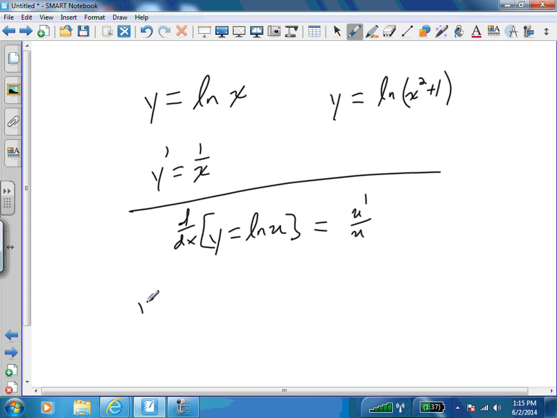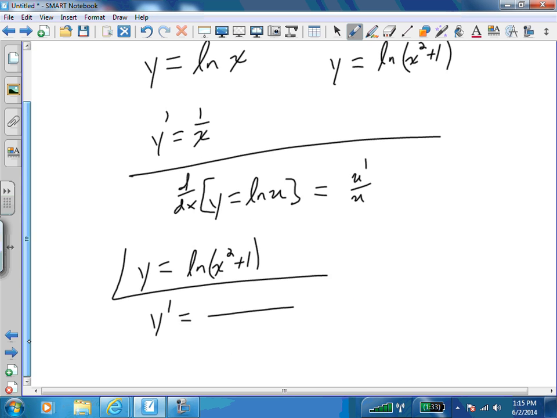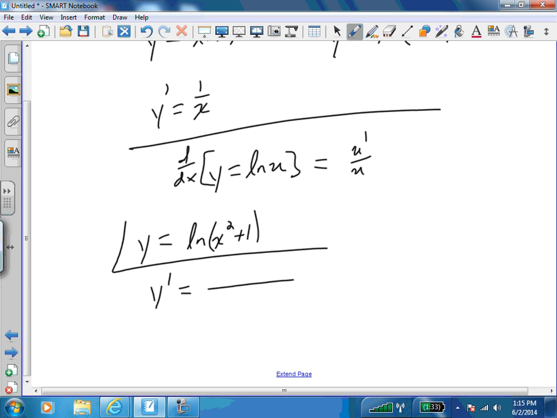So, for example, if we want to take the derivative of natural log of x squared plus 1, whatever we're taking the natural log of goes in our denominator, so x squared plus 1. The derivative of that goes on top. So what's the derivative of x squared plus 1? 2x.